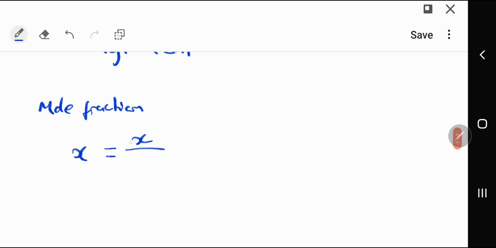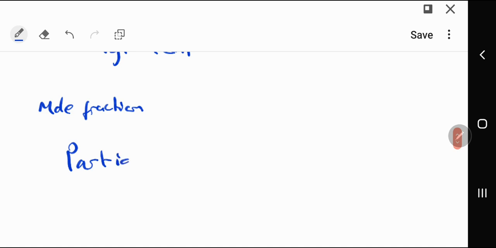So it's the amount of moles we're looking at, let's say carbon dioxide, divided by the total number of moles of everything. That's mole fractions.